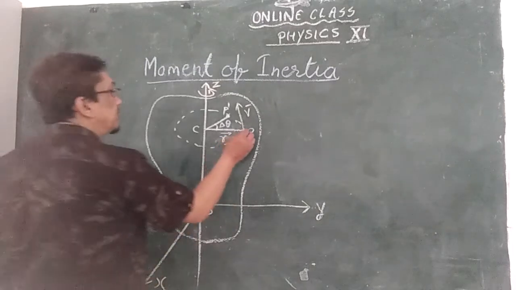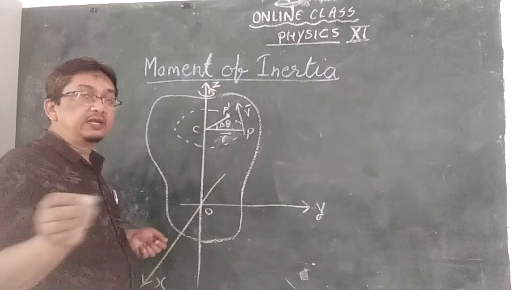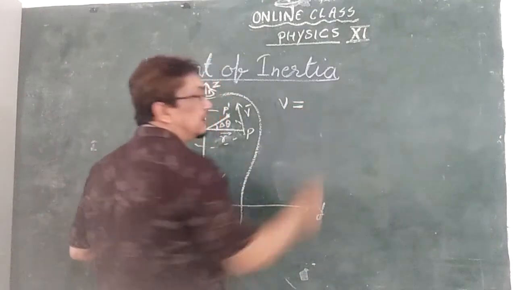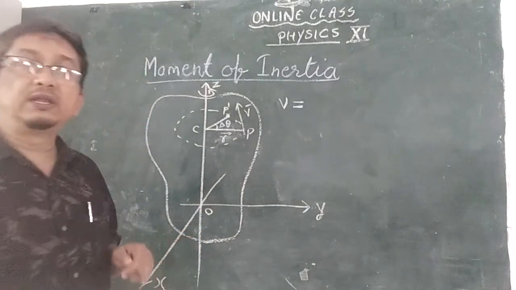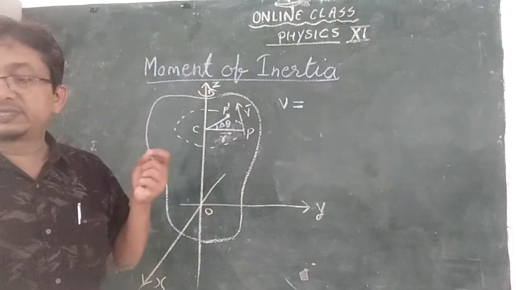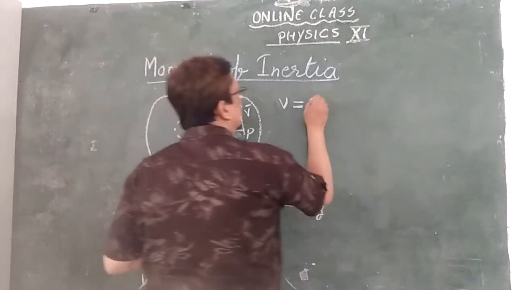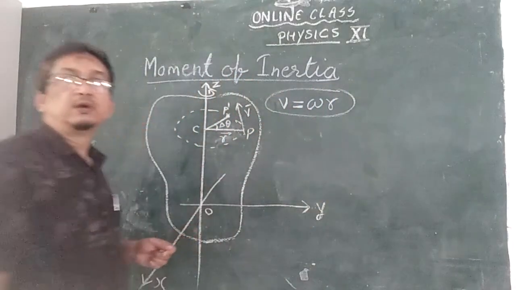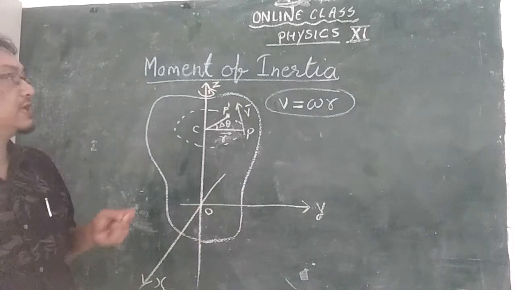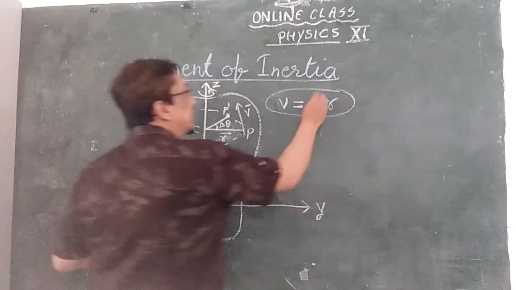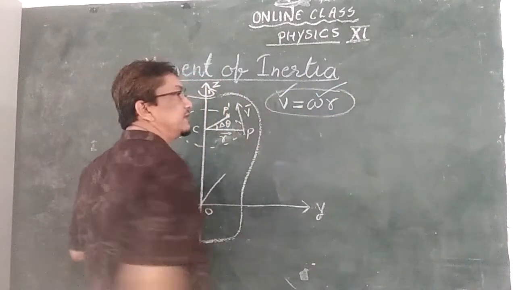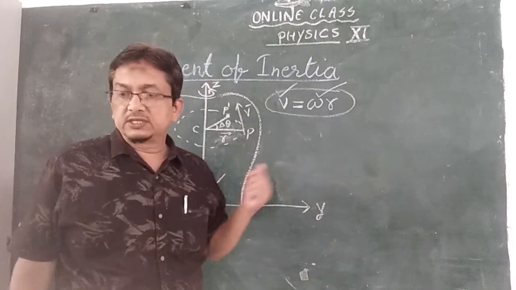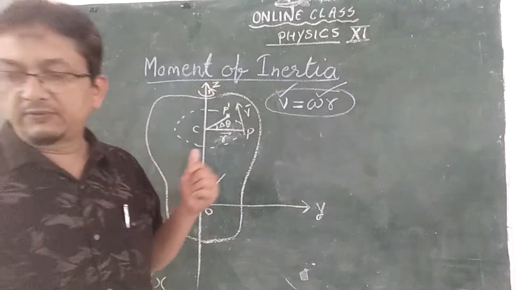So these particles are having linear velocity, which is shown through v is equal to, and you know about the relation between linear velocity and angular velocity. Very simple formula is there, v is equal to omega into r. This is the relation between two velocities. One is angular velocity, which is here omega, and other is linear velocity, which is v. You can see here. So we are using this formula in our derivation.